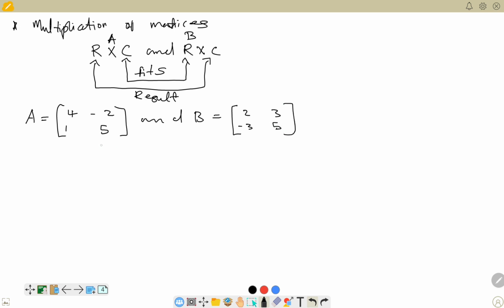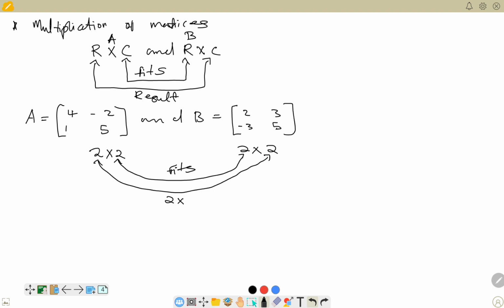So we can see that we have a 2 by 2 and a 2 by 2. I advise students to do it this way before they continue to multiply. So we can see that the number of columns on matrix A is equal to the number of rows on matrix B. So it fits. And the resulting matrix is going to be a 2 by 2.